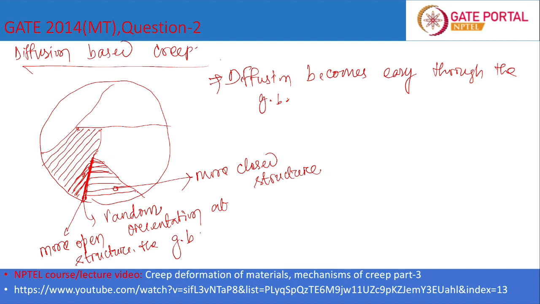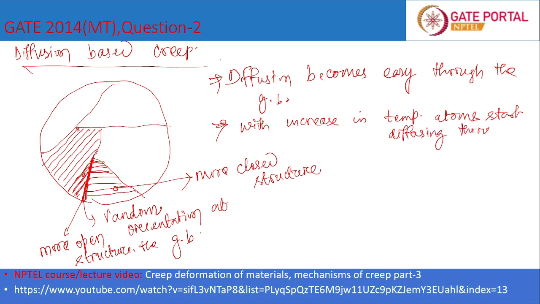So what happens, when we increase the temperature, the atoms start diffusing through the grain boundaries. So this leads to grain boundary sliding.